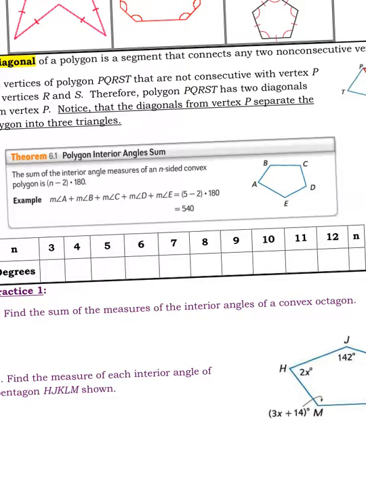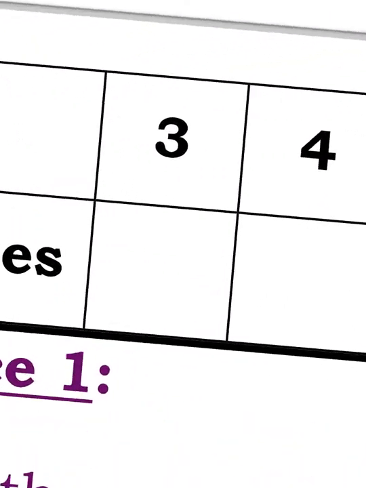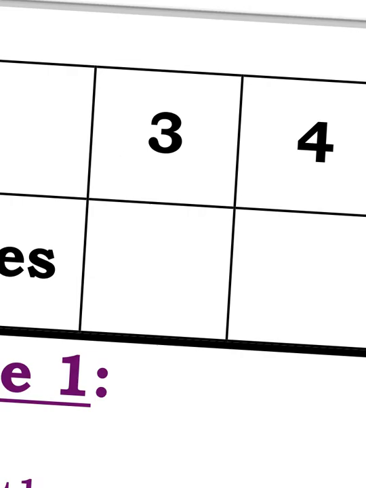I just find that a little interesting. So when you have 3 sides, that's a triangle. We've gone over that. 3 sides, sum of the interior angles of a triangle is 180. We know that the sum of the angles inside a square, if they're all right angles, is 4 times 90. That's 360.